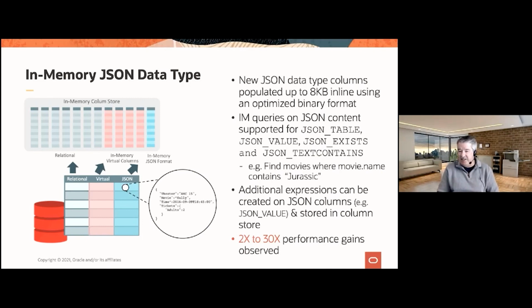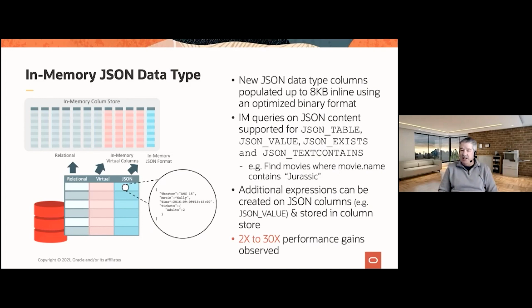And then I've got another slide, I probably could have reversed these slides, but JSON_TEXTCONTAINS is kind of cool because we also have, and I'll talk about in-memory full text columns, the ability to avoid having to create specific separate indexes on the JSON data. We can actually do that in the column store.